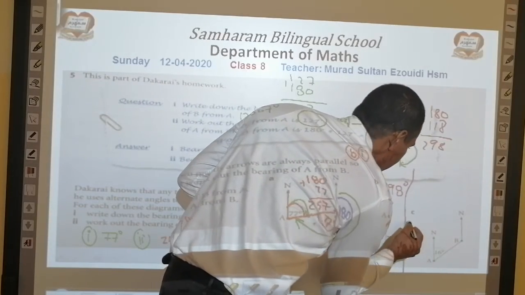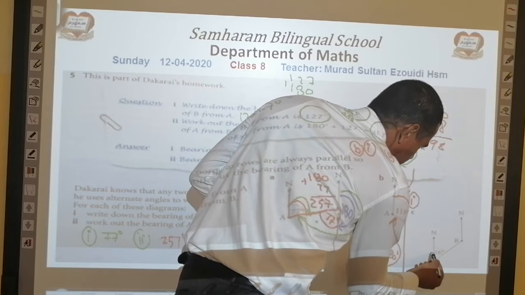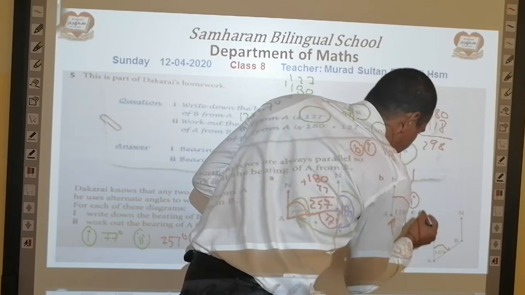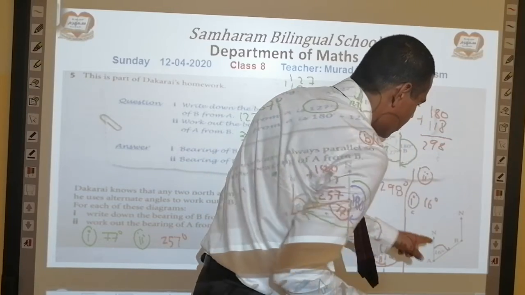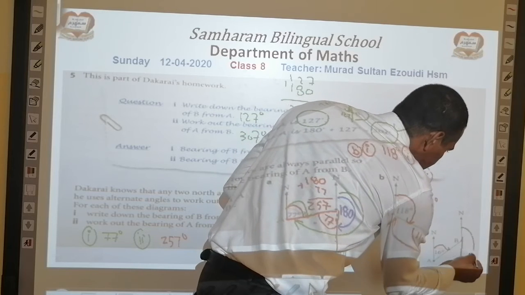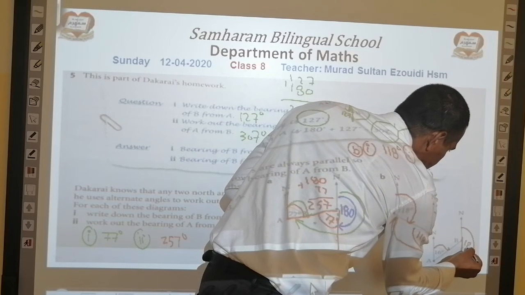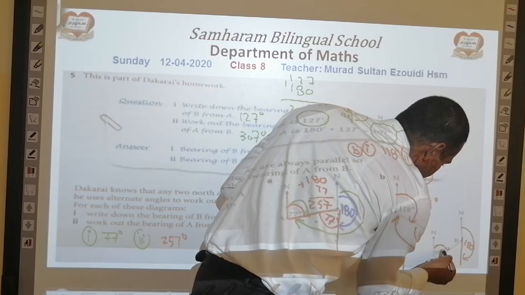For small i, I will just write here. The bearing of B from A is 16 degrees. And double i is what? You make 180. Plus this angle and this angle are alternate angles.